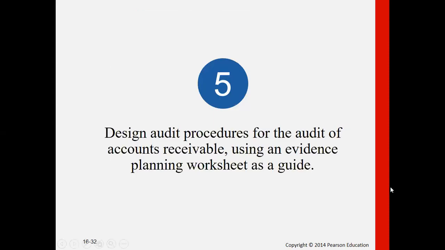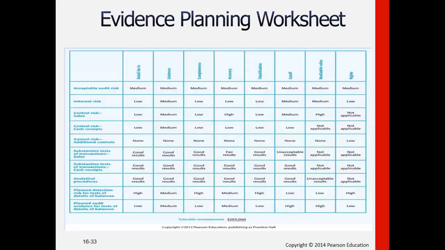Then we also design audit procedures for the audit of accounts receivable using an evidence planning worksheet as a guide. So this is a helpful table, but you have to be vigilant, or you have to be very open-minded with this table because it's not that friendly to look at.